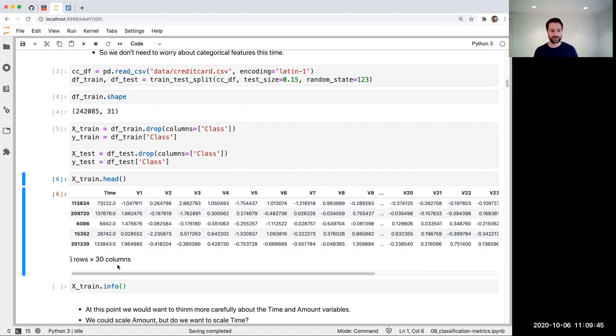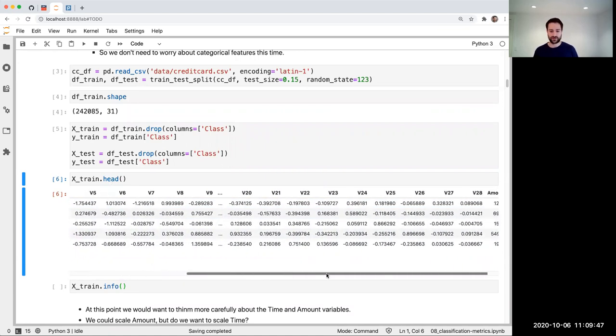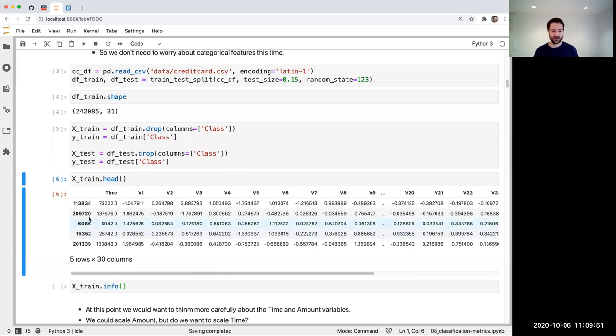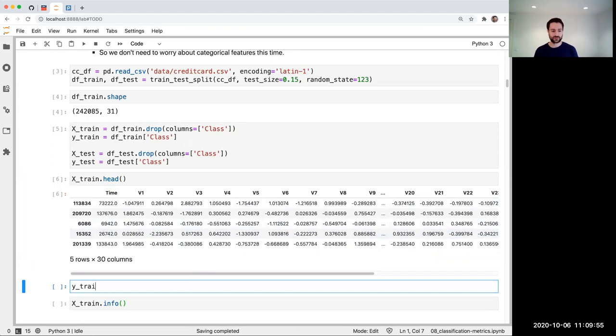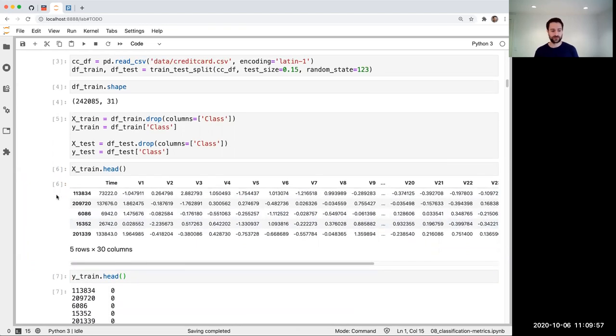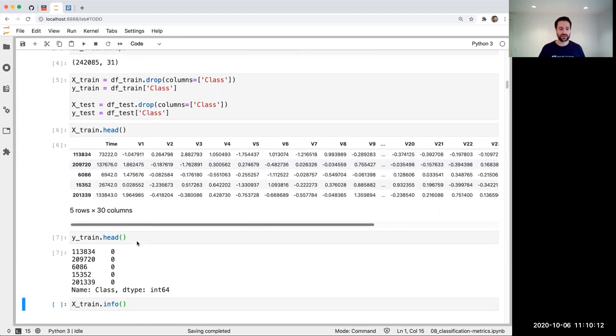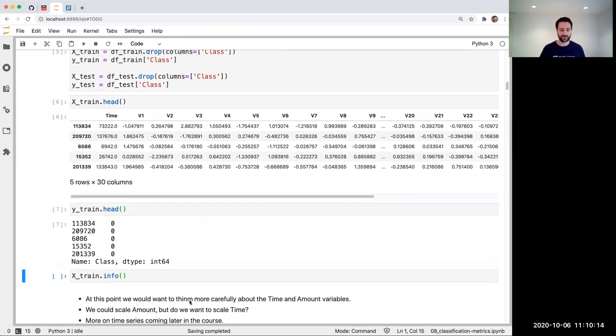But we have a time, we have a bunch of these numerical features, we have the amount, and we have our class, which is our target, which is, was this a fraud or not? So these first five are all not fraudulent transactions. And so we want to learn from these anonymized features about a credit card transaction. Was it fraudulent or not?